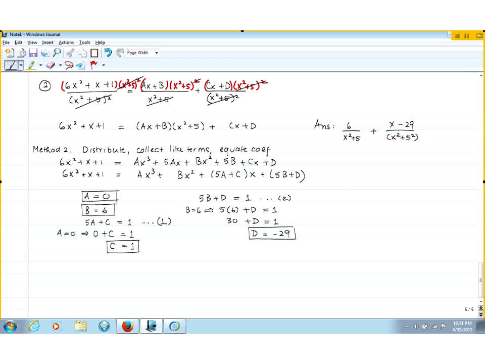Now, case 3 is partial fraction decomposition where the denominator contains some quadratic. So quadratic, remember? So when you have quadratic and non-repeated, the numerator should be 1 degree fewer. So the denominator is quadratic and the numerator will be linear.